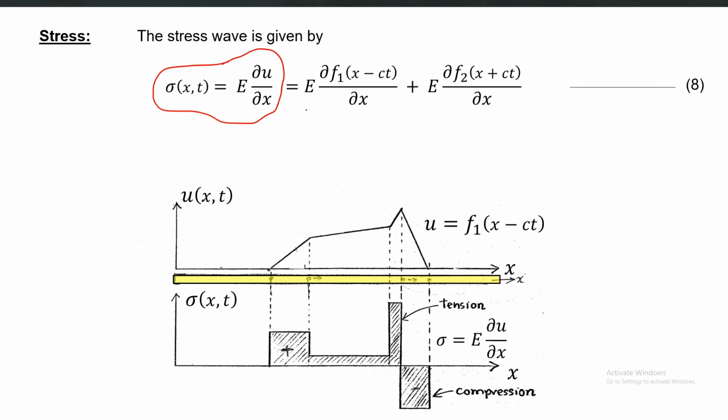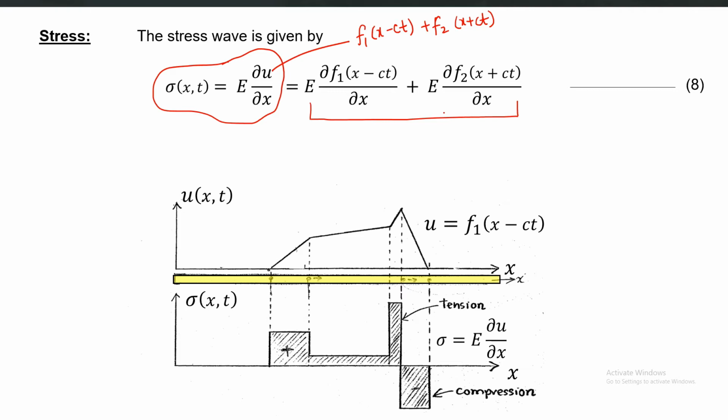So if we put that solution which we have just found out, f1 of x minus ct plus f2 of x plus ct, f1 and f2, again I repeat, are functions of boundary conditions, and currently we don't know what the actual functions are for a given case. So we just keep them as f1 and f2. If we just take the partial over partial x, we will expand that and we will get this equation 8.